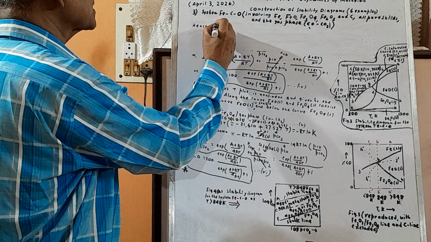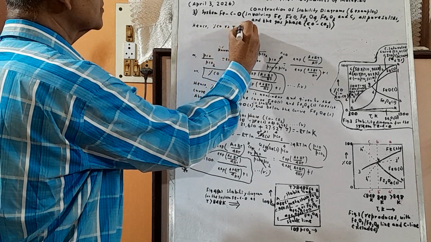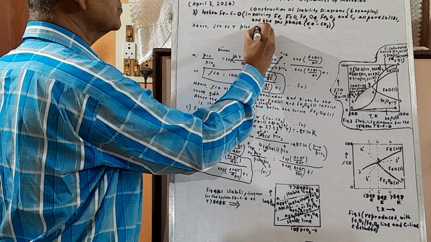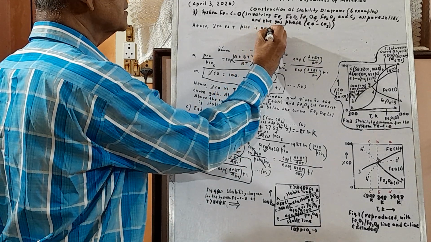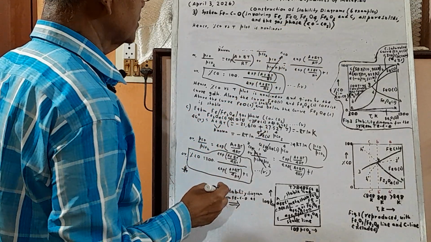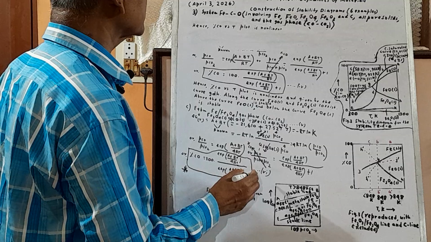So let us write here: hence percentage CO versus T plot is non-linear. This is the comment we will make. And what else will you write here?